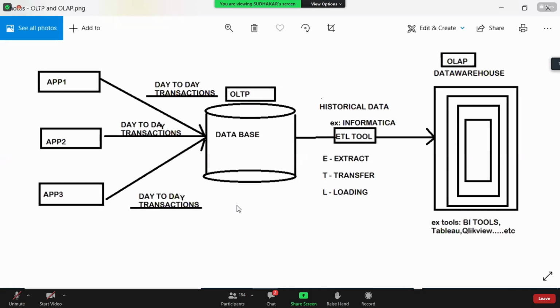For example, I want to purchase one 50 inch television. Customers will go to shops like Bajaj Electronics, Reliance, Digital India. There are so many different showrooms. With one small example, you can easily understand what is OLTP and what is OLAP.